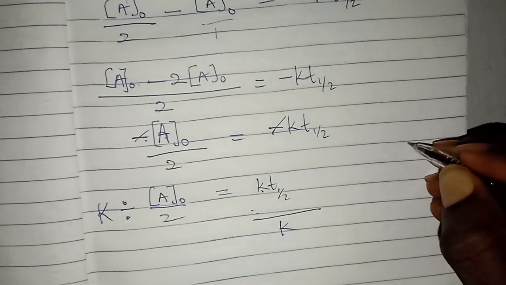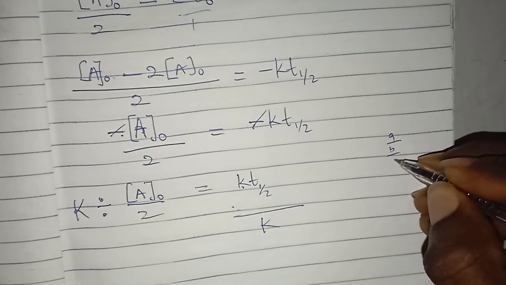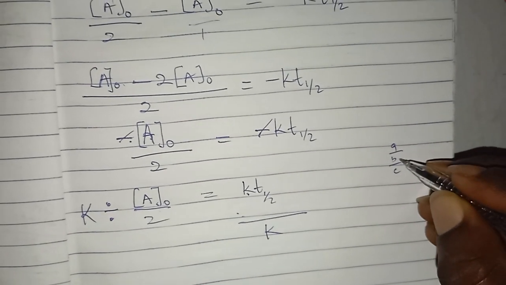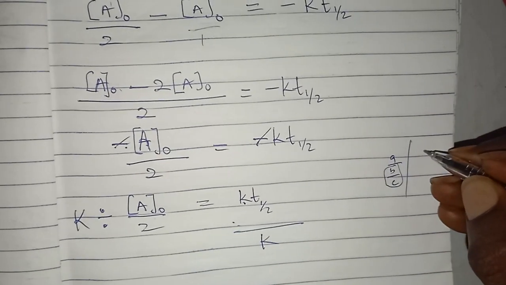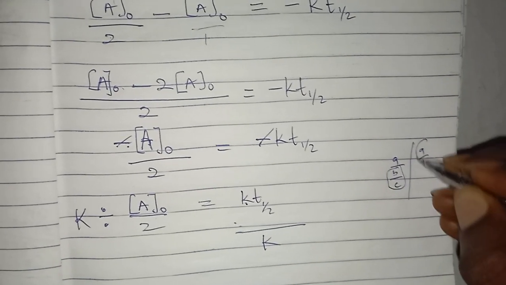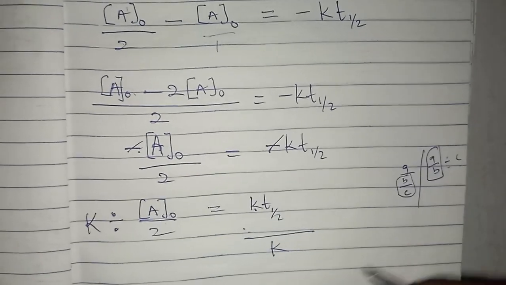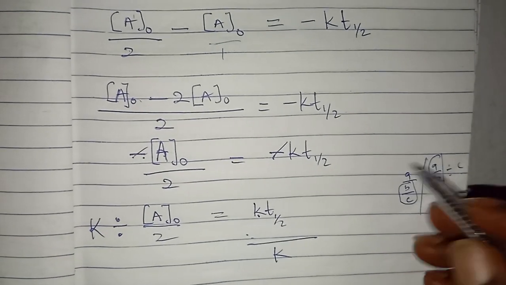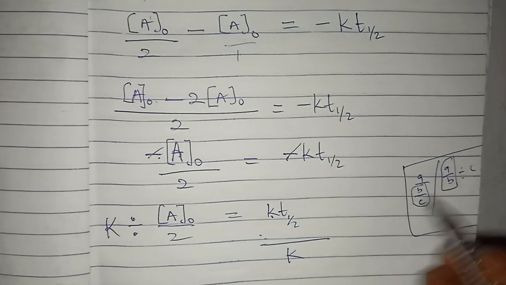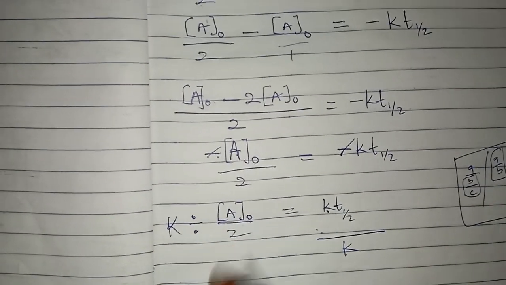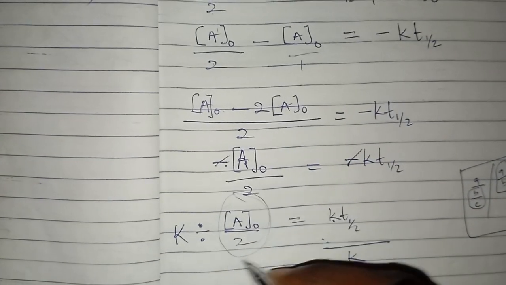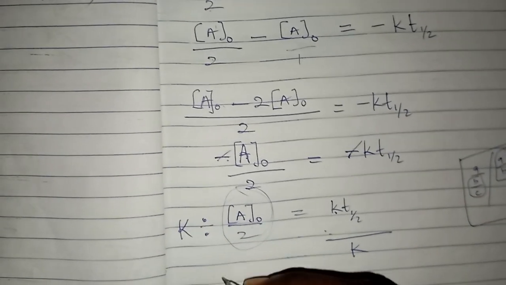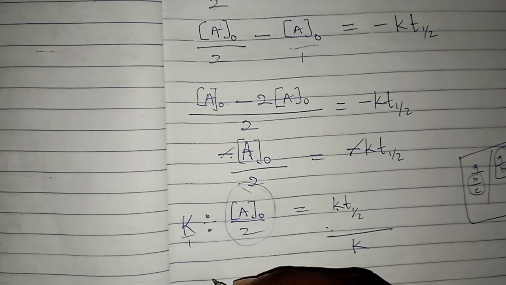There is a difference between A over B over C. This is more like A being divided by a fraction, and there's a difference between that and A over B divided by C. That is why I'm going to leave it this way, to show you that everything here is being divided by this K. Which is the same as saying that K is standing on its own over 1.